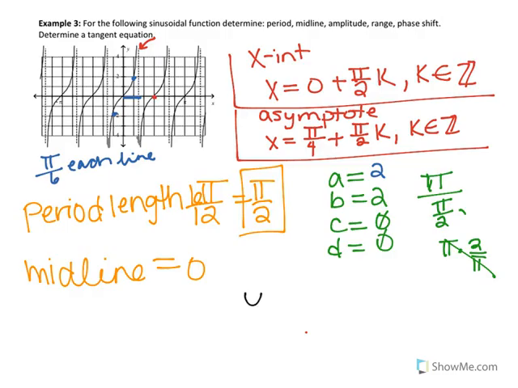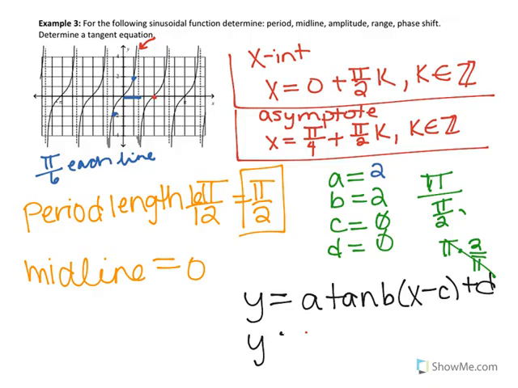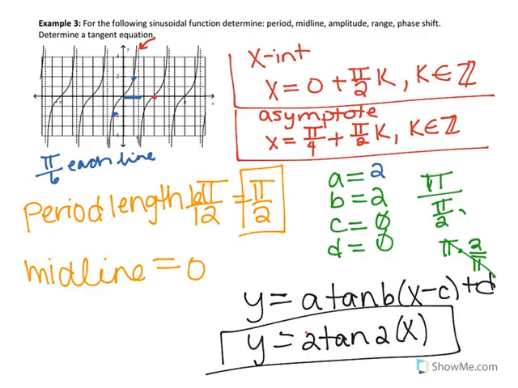So the equation for this function is y equals a tan(b(x minus c)) plus d. We're going to write it as 2 tan 2x. We do not have a c and we do not have a d. So there is our tangent functions, and that is an overview of each of those things.